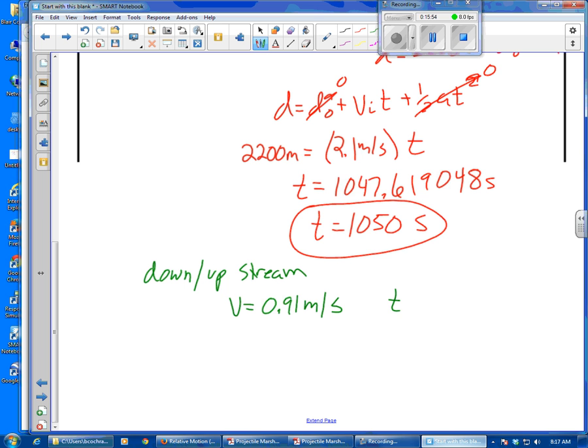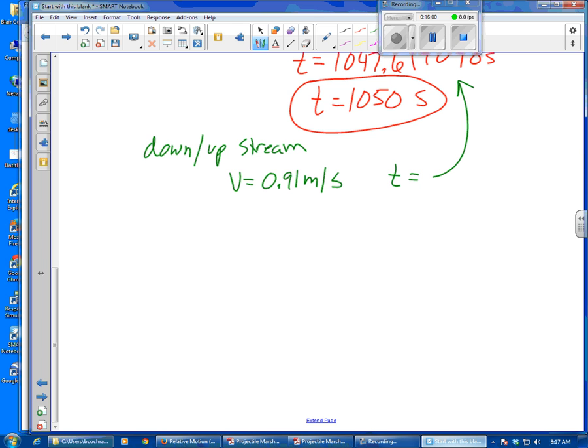My time is that. And I'm going to use my same equation of d equals d naught plus v initial t plus 1/2 a t squared. Nicely, no acceleration. Say she started at 0.